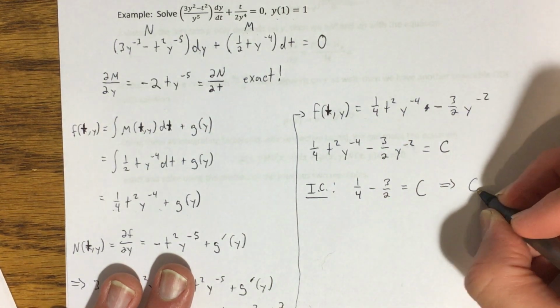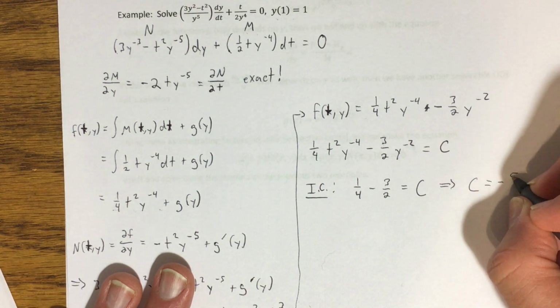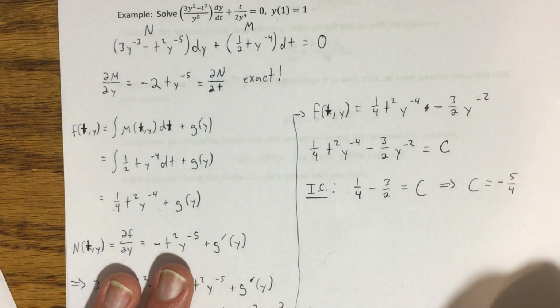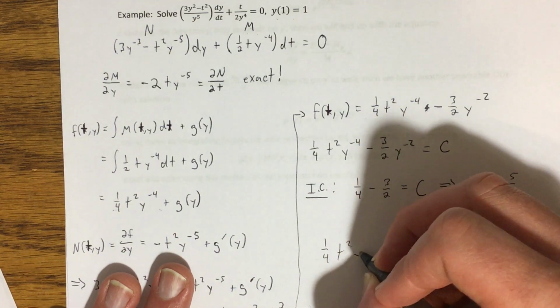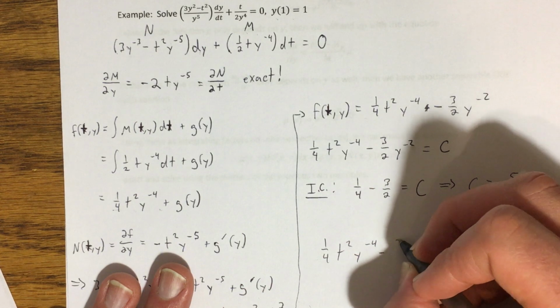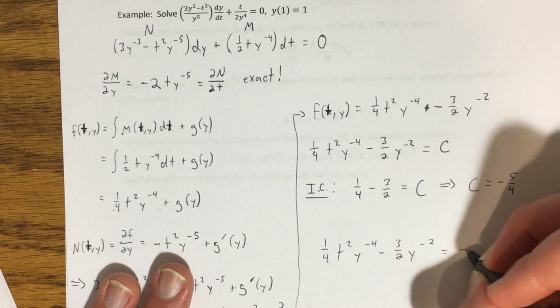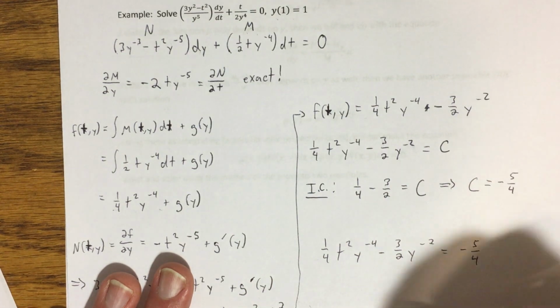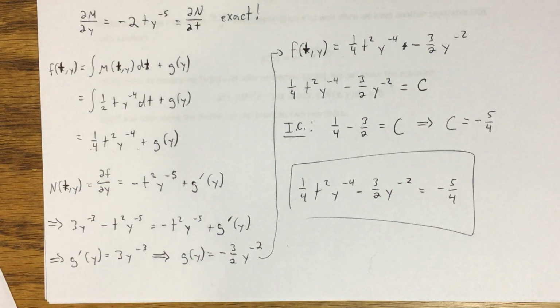This implies that c is equal to negative 5/4 after doing the subtraction. So my final answer is 1/4 t squared y to the negative fourth minus 3 halves y to the negative second power equals negative 5/4. That's my specific solution to this IVP.